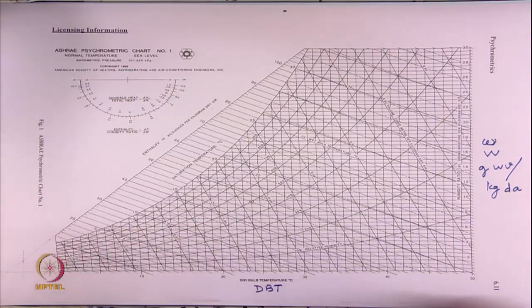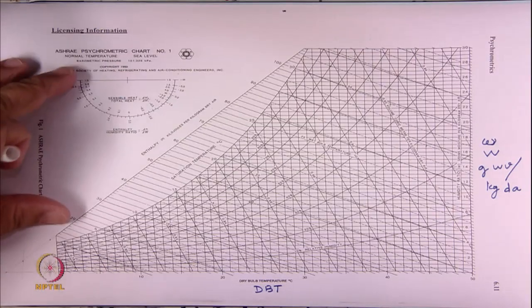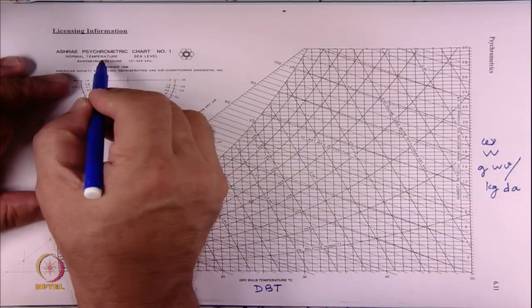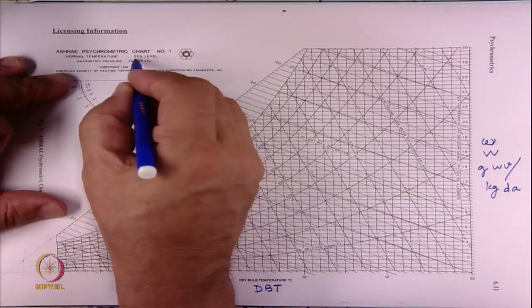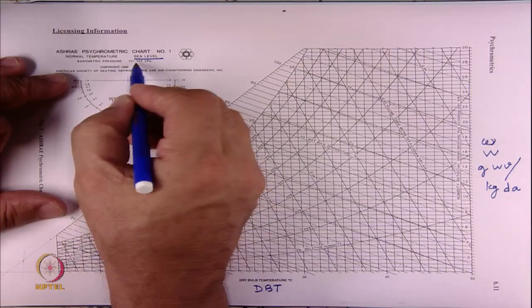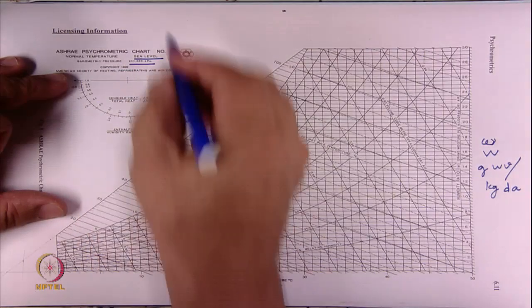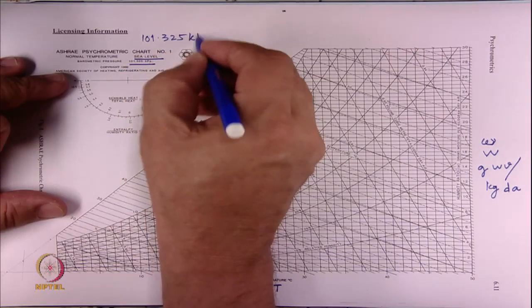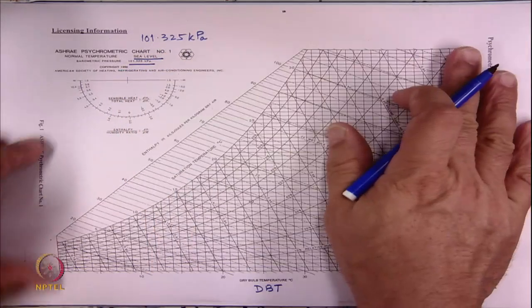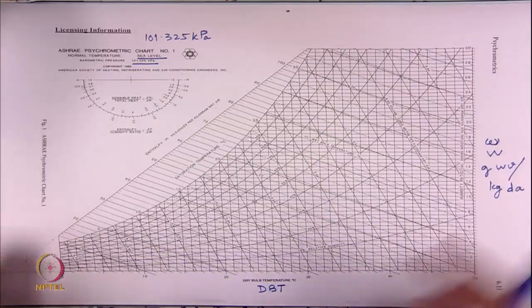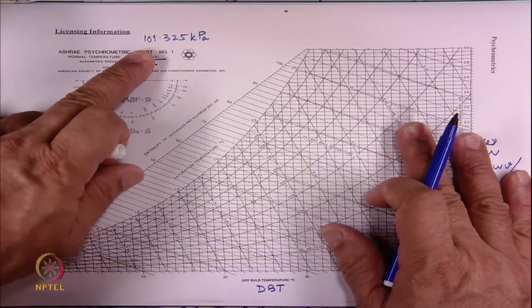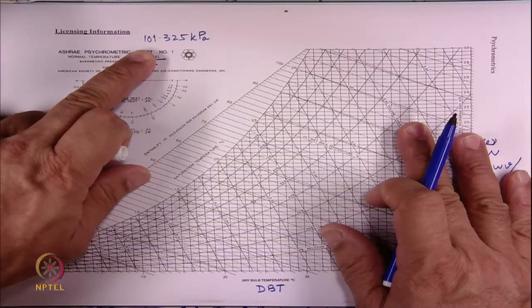Now, this is what the two axes on this psychrometric chart are, and this entire chart is for a normal temperature at sea level, where the barometric pressure is 101.325 kPa. So, this chart is valid only when the pressure is 101.325 kilopascal.